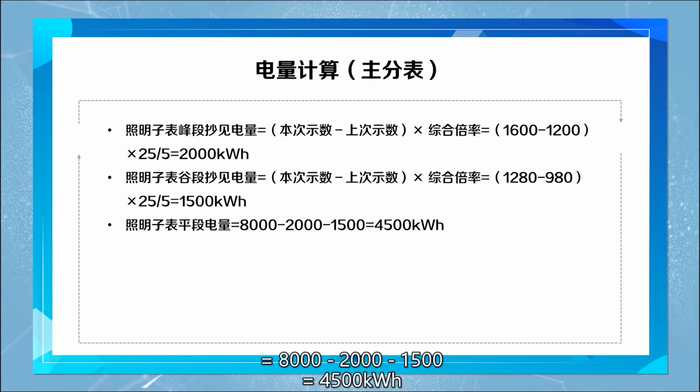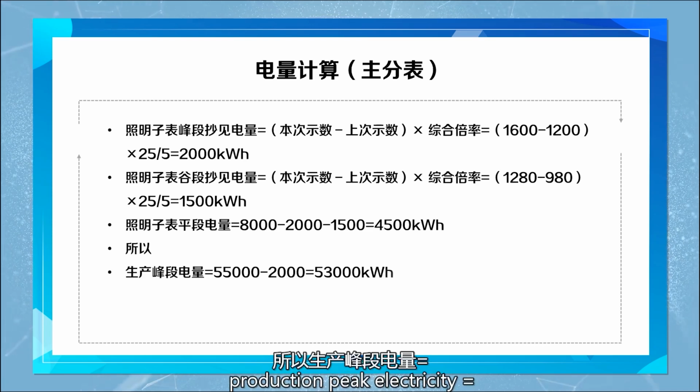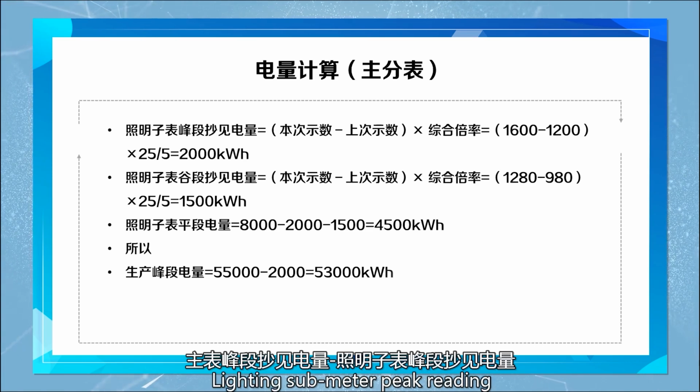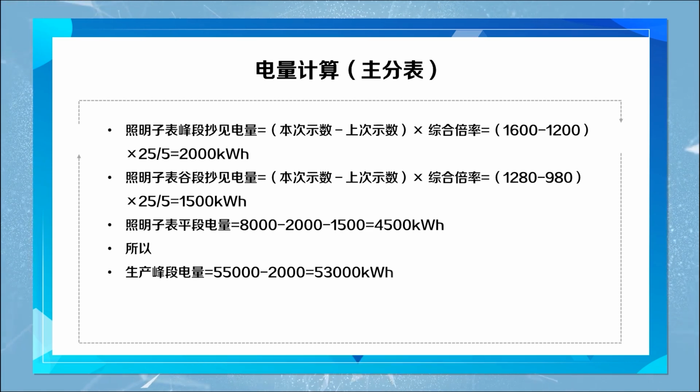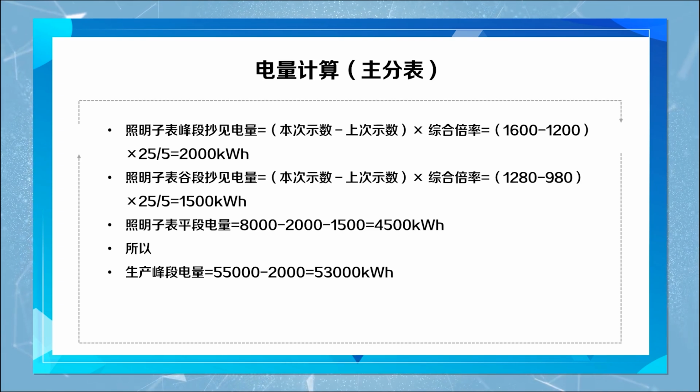equals 4,500 kilowatt-hour. Therefore, production peak electricity equals main meter peak reading minus lighting submeter peak reading equals 55,000 minus 2,000 equals 53,000 kilowatt-hour.